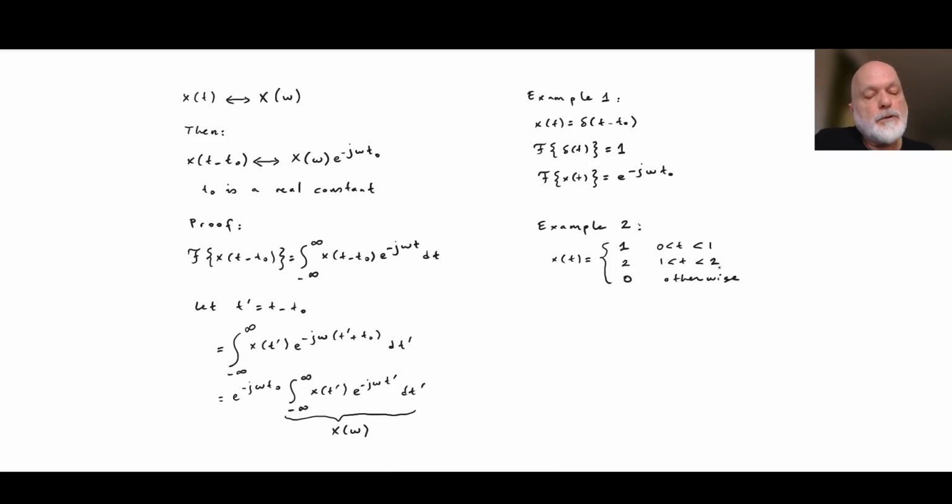Now, since we are going to calculate the Fourier transform of x of t, it is not important what the value of the signal is at single points like 1 or 2. You may put an equality here, for example, and maybe here as well.